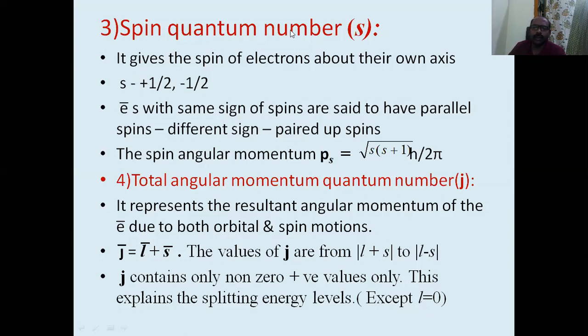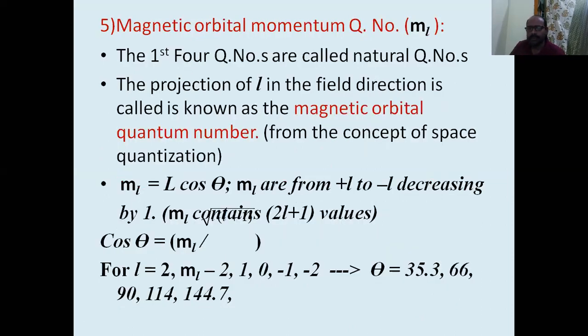There will be no split in the S level. In other sub shells or orbitals, the splitting of energy levels is possible, and the number can be calculated with this J value.